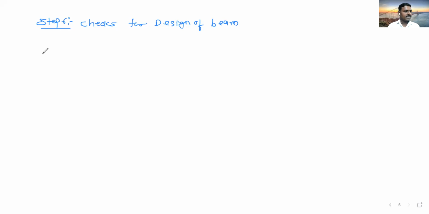Which is the first check? We have seen 3 modes of failure. So the first check is the deflection limit, whether the beam is safe for deflection, that we have to see.